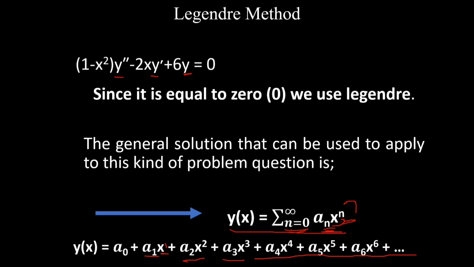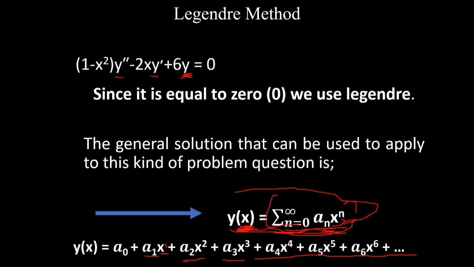I said earlier that I can also rewrite it as y equals this, which simply tells us that it's a function of x. So this is the equation for y. If the equation for y is this, I will need to substitute, that is, replace y here with the equation for y, which is this.